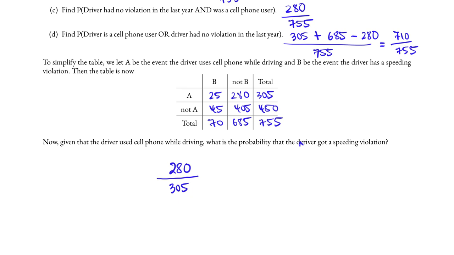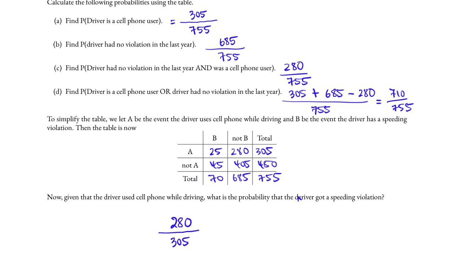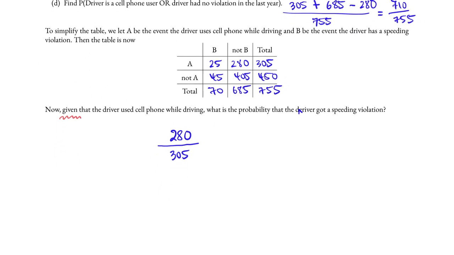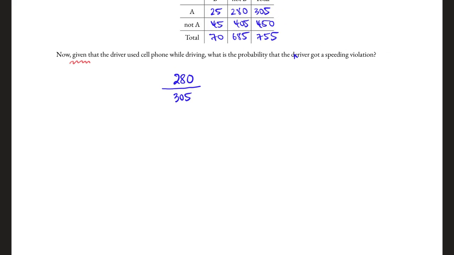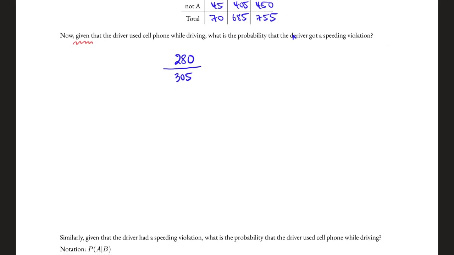Unlike the probabilities that we found earlier, when we took the number that the event occurs divided by the grand total 755 each time, this time, because of the restriction, the given part, we do not divide by the grand total. What we divide by is the given part, the part that we are asked to focus on only.